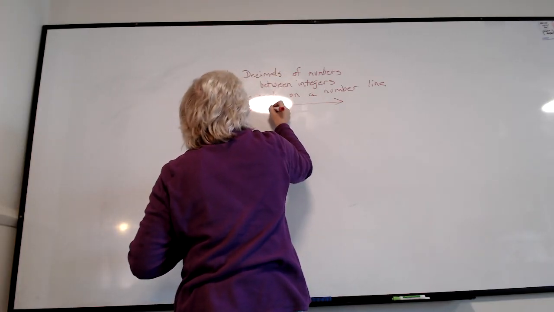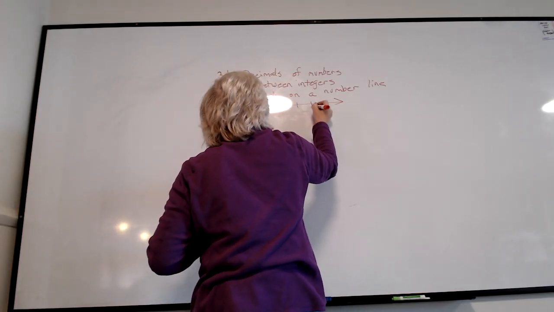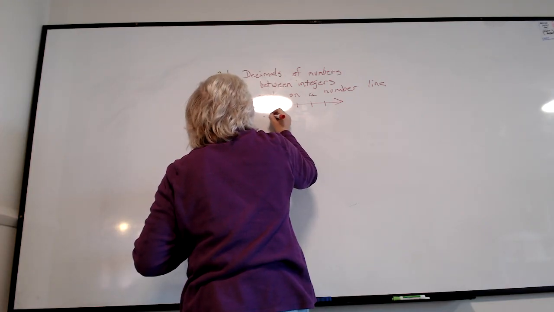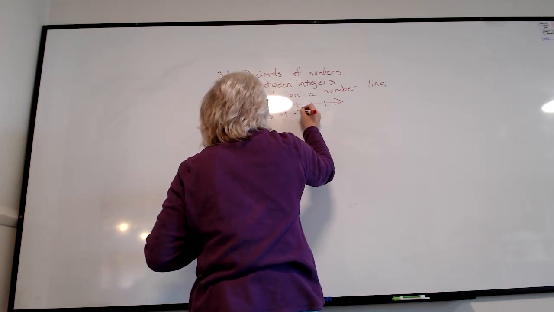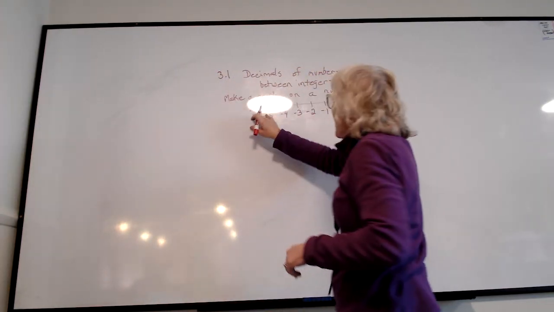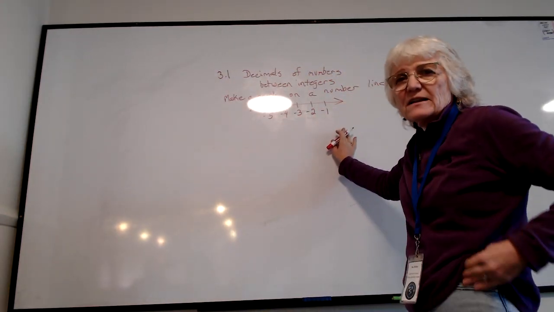So we're going to be able to take and find numbers in between. Let's say this is -5, -4, -3, -2, -1. We're going to find out how to graph them on a number line like this.